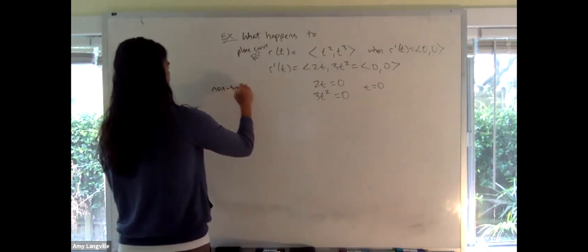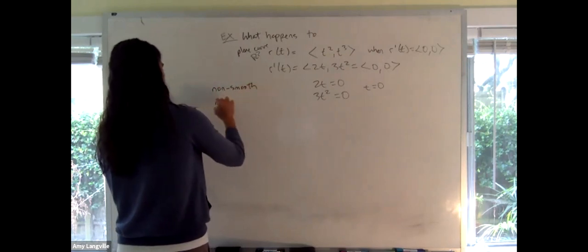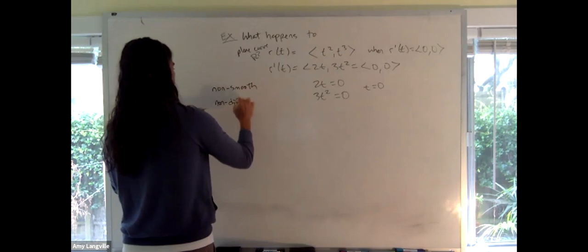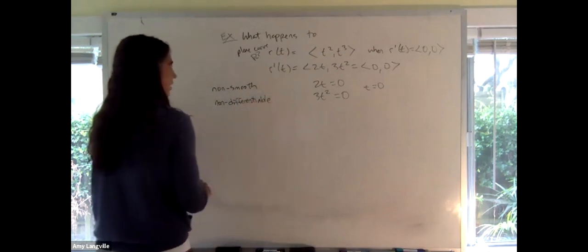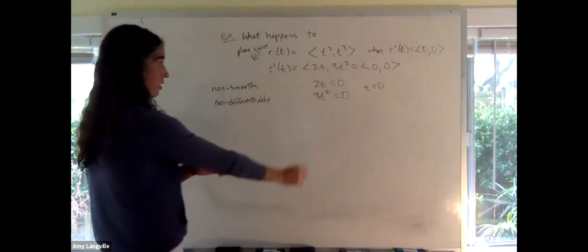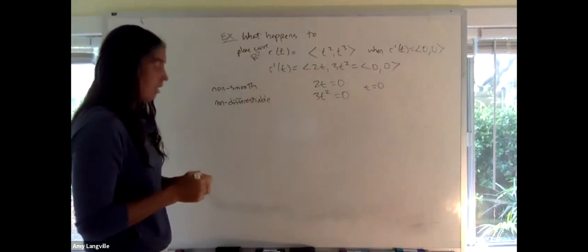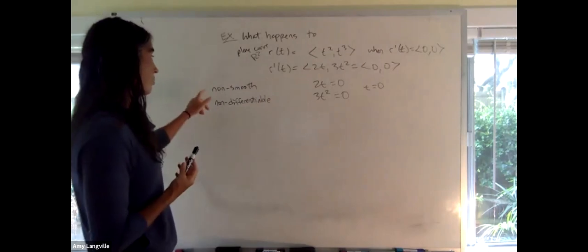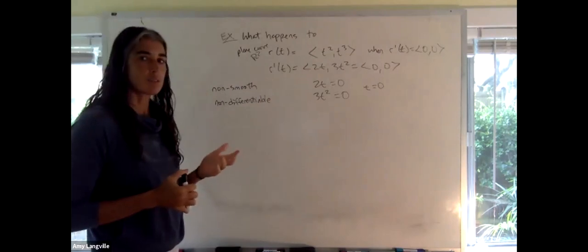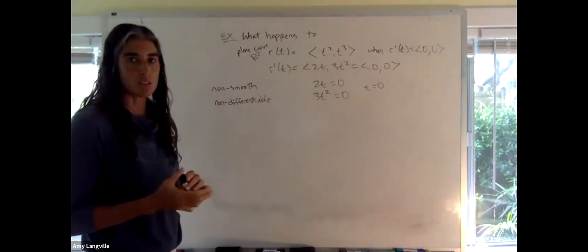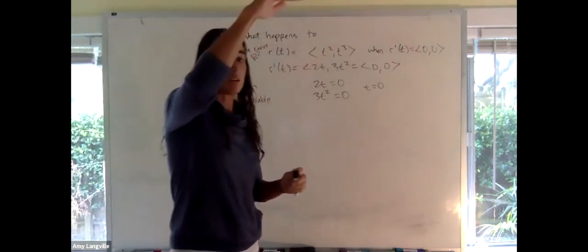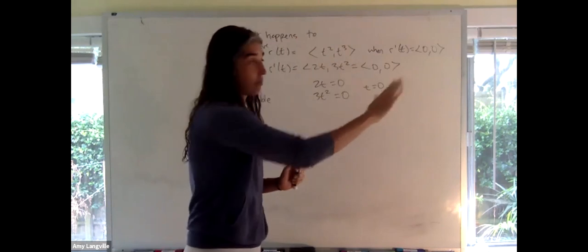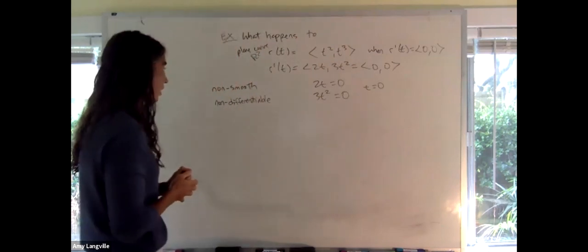So some more vocabulary: non-differentiable. We're going to graph these and show you what they look like visually, what it means to be non-smooth, but you probably have a sense of what the word smooth means, like a smooth curve through space versus something that's jagged, has jagged points on it.